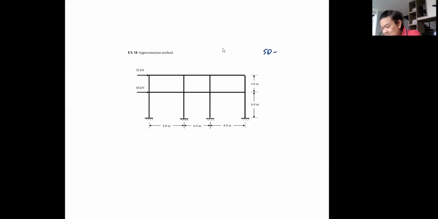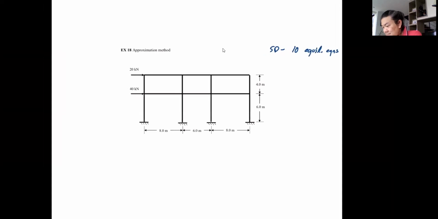How many unknowns do we have? 1, 2, 3, 4, 5, 6, 7, 8, 10 unknowns, 10 equilibrium equations. Wow, that's out of the question. If you want to use moment distribution, that's going to be some effort, right? So we are going to try to approximate the internal forces in this frame by using the Portal method.